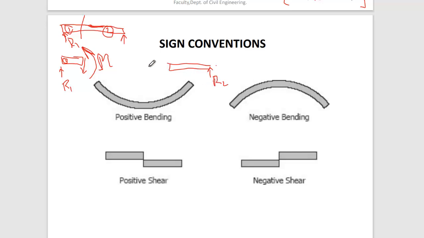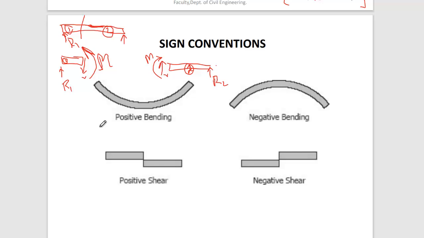So for this segment 2, this is V and this is M. This is segment 2 and this is segment 1.